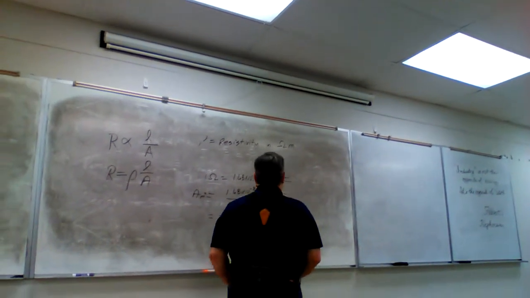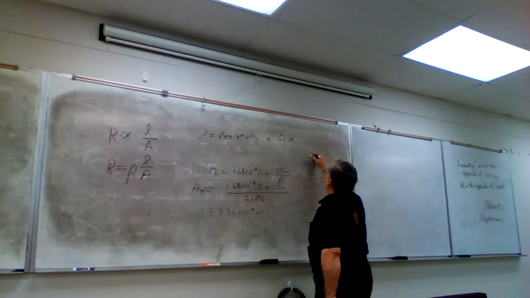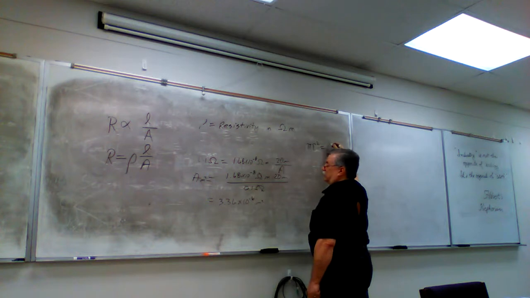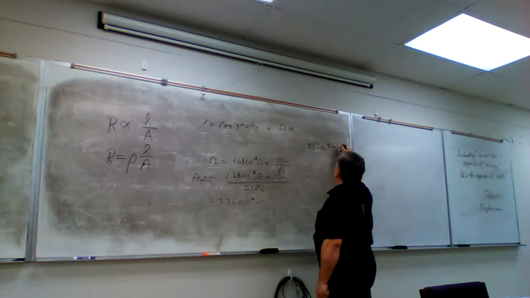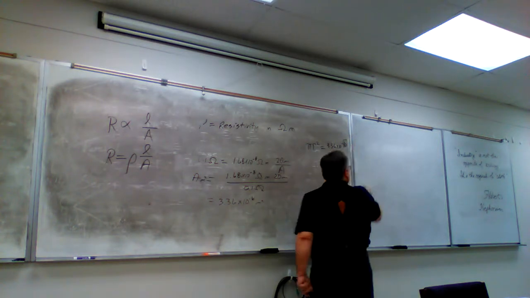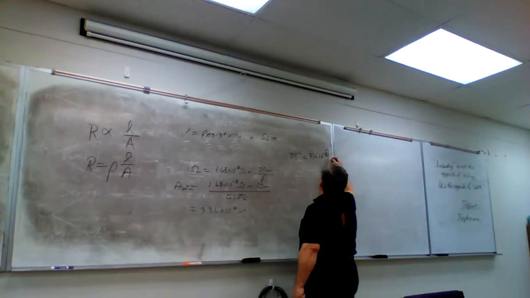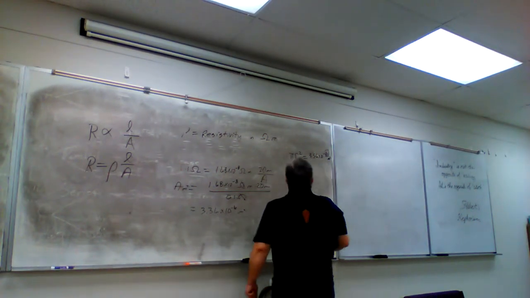Okay. Now, that means pi times r squared is equal to 3.36 times 10 to the minus 6 meters squared.